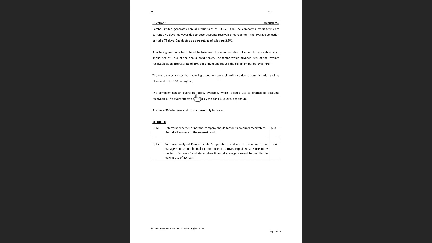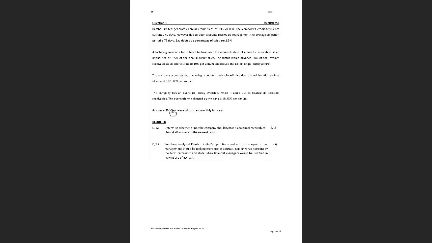The company has got an overdraft facility available, which it could use to finance its accounts, and we are currently paying 18.25% per annum. So that's also important that you know currently what your cost is, working out what your cost of investment in accounts receivable is.